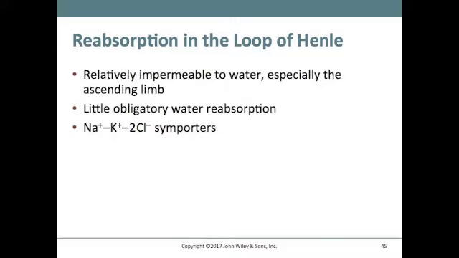The nephron loop reabsorbs about 15% of the filtered water, 25% of the filtered sodium ions, potassium ions, and calcium ions, 35% of the filtered chloride ions, 10% of the filtered bicarbonate ions, and a variable amount of filtered magnesium ions.